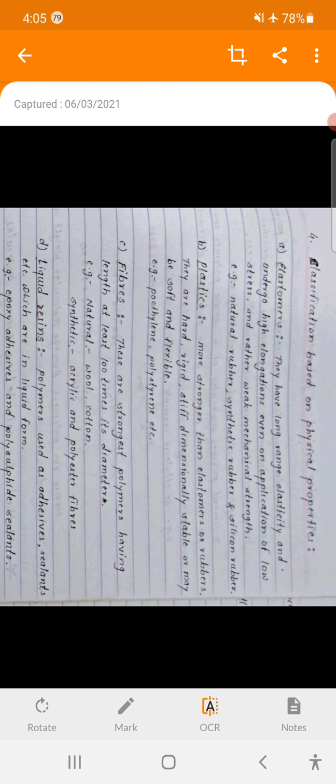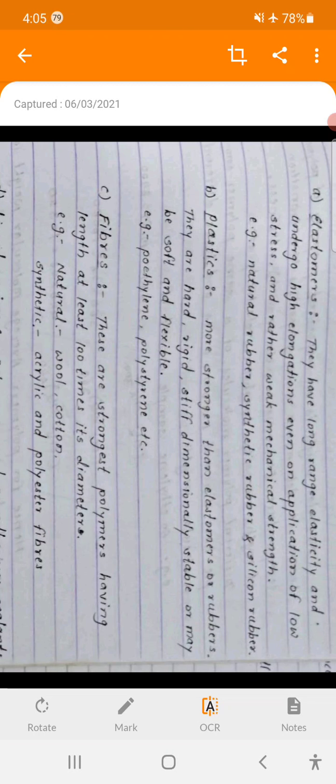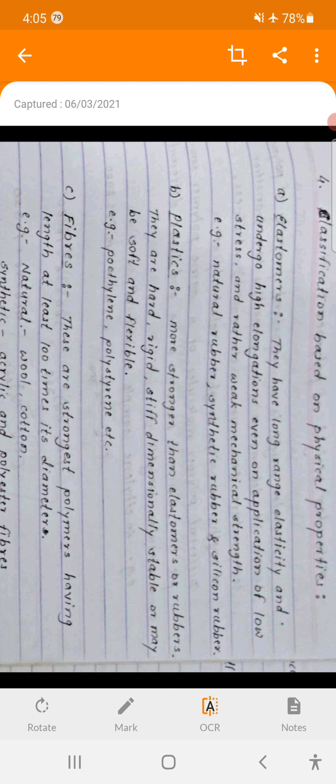Then the next and last method is classification based on physical properties of polymer material. Based on that, polymers are classified as, first type is elastomers.